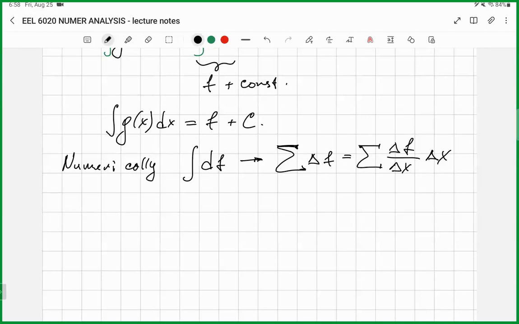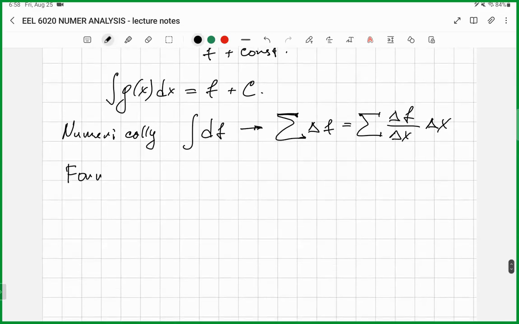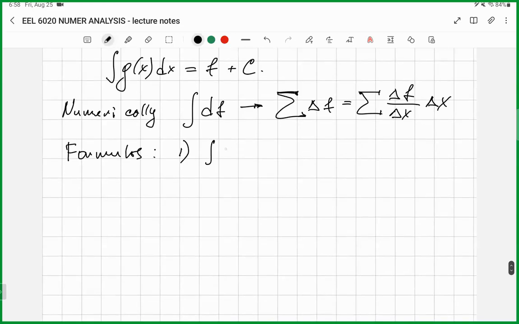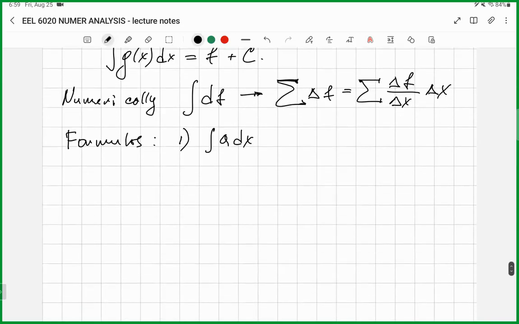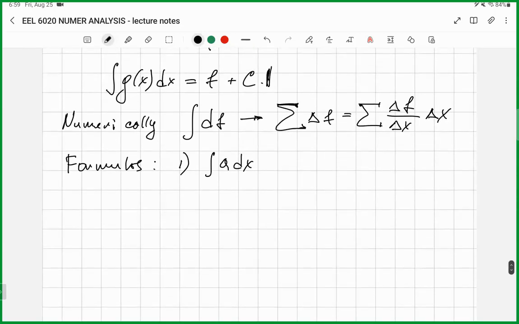For the future, we will again need some formulas for the integral. The first one, of course, is the integral of some constant a dx. The constant can be taken out of the integral, and then the integral of dx gives you just x plus the integration constant.